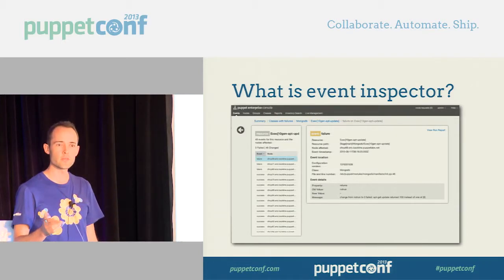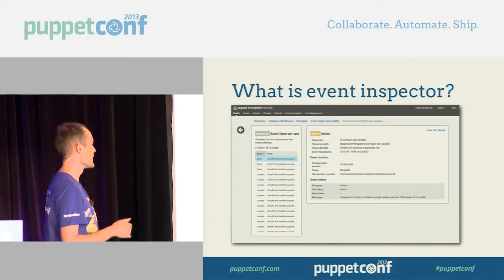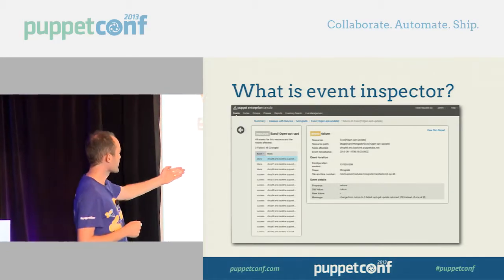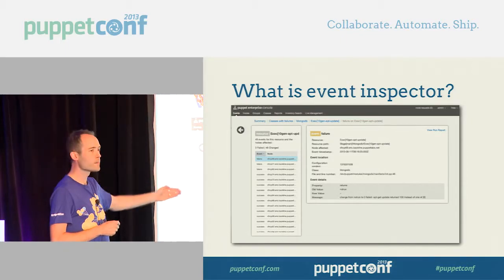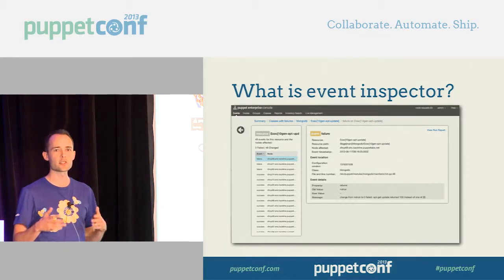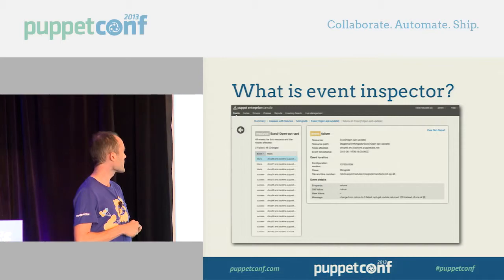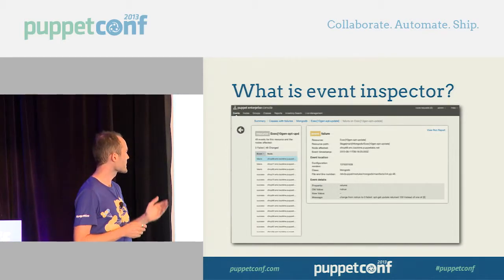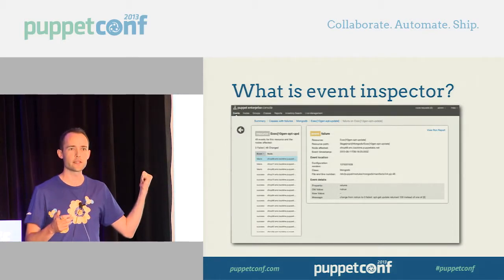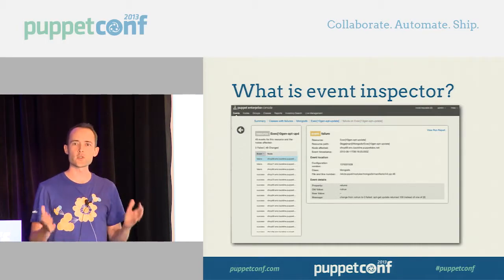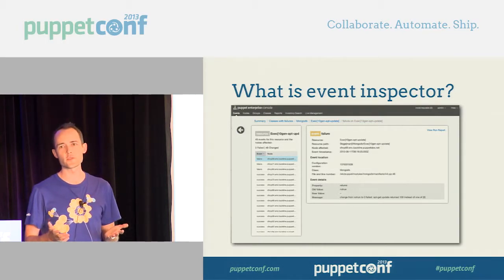You can use Geppetto and get right into it and start working on modifying that, because it gives you your file and line number. It gives you error messaging to tell you actually what has happened. It also tells you things like the node affected and the class that contains this resource. So it gives you this full contextual information very quickly. And that's the whole point of this tool.